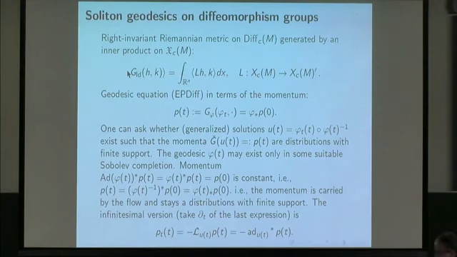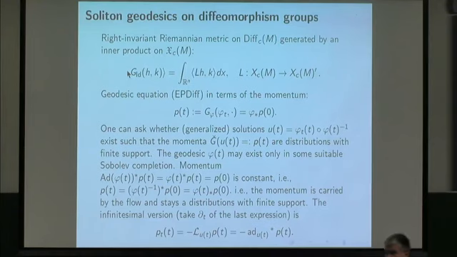The geodesic equation can be written very compactly in terms of the momentum: if we have a curve and its time derivative Vt, a vector field along phi, we can take this inner product, and it's a linear functional on vector fields, and this is just pushed forward by the solution from the initial momentum.